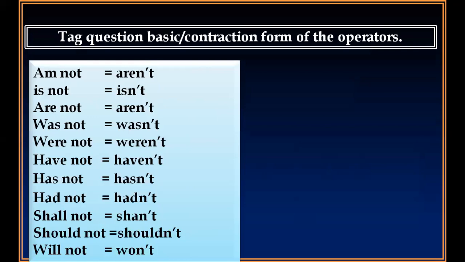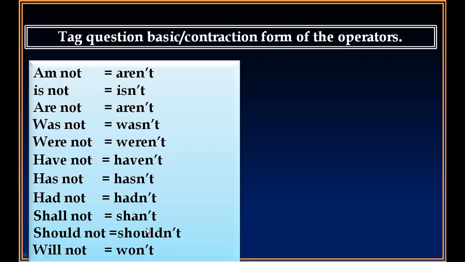Okay, and when it will be am not, the contraction form will be aren't, is not, isn't, are not, aren't, was not, wasn't, were not, weren't, have not, haven't, has not, hasn't, had not, hadn't, shall not, but not shalln't.